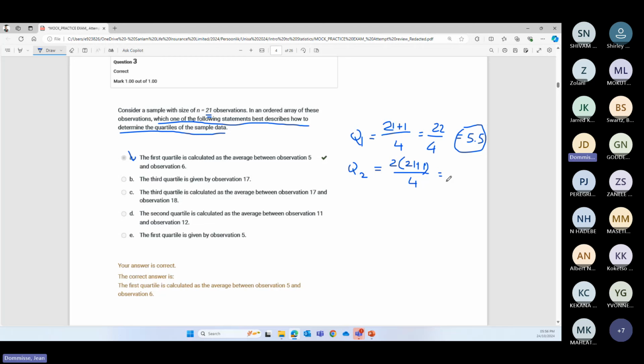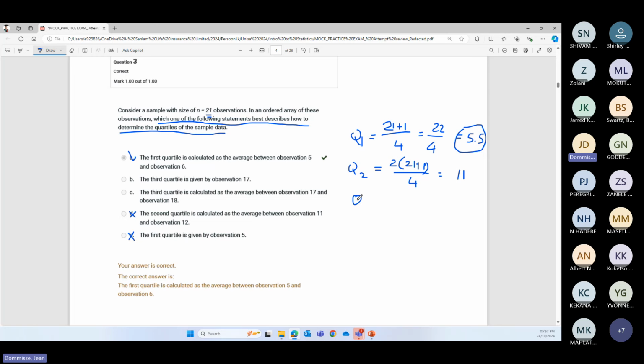So that's 22 divided by 4, which is 5.5, times 2, is observation 11. So the statement that the second quartile is calculated as the average is incorrect, because it is observation 11. The first quartile given by observation 5 is also incorrect, because it's 5.5.